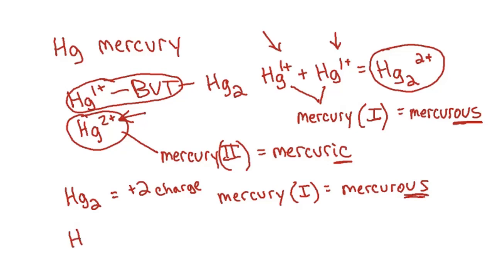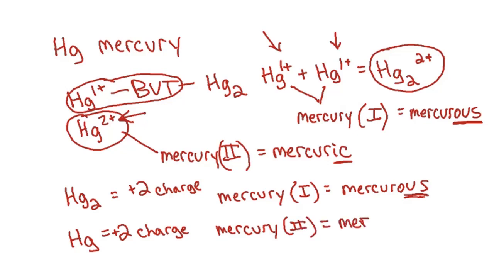And then we're going to have a regular old mercury, and that's going to also be a +2 charge. So that's going to be called mercury number 2 in Roman numerals, or if you want to get fancy, you can call it mercuric.